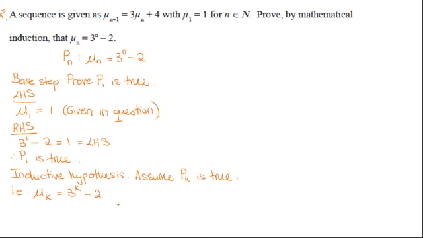Step 3 now, I'm going to actually move to another slide. This step I call the inductive step. And in this step, I am proving that Pk plus 1 is true. So the value after Pk or after k is k plus 1.